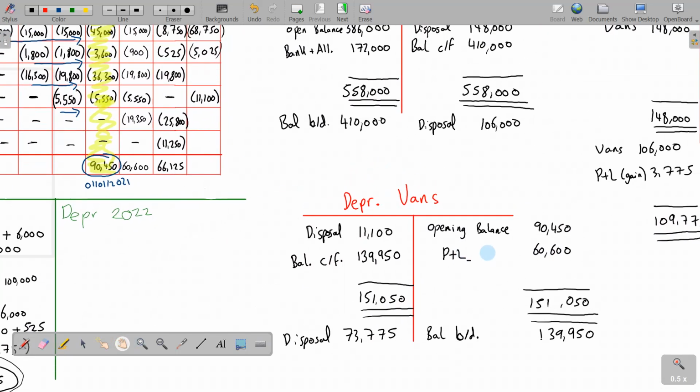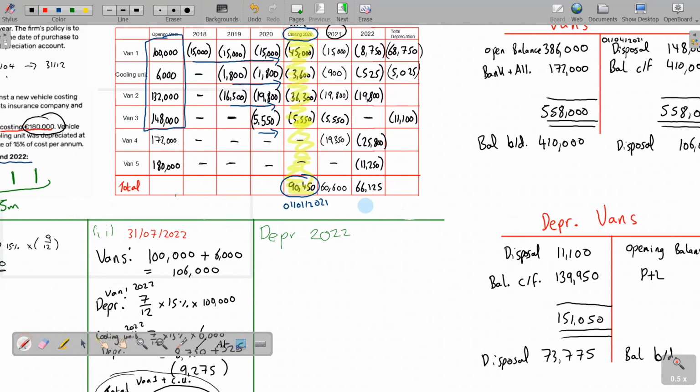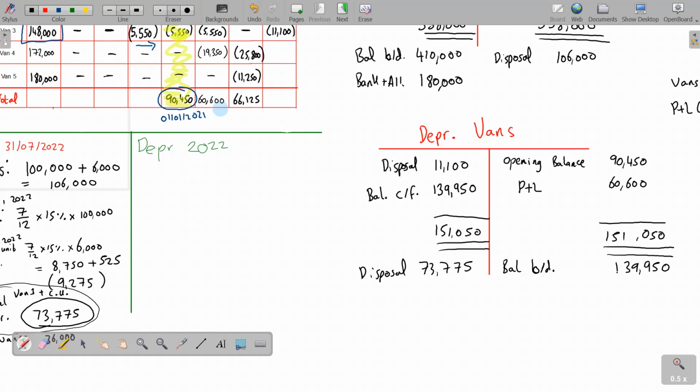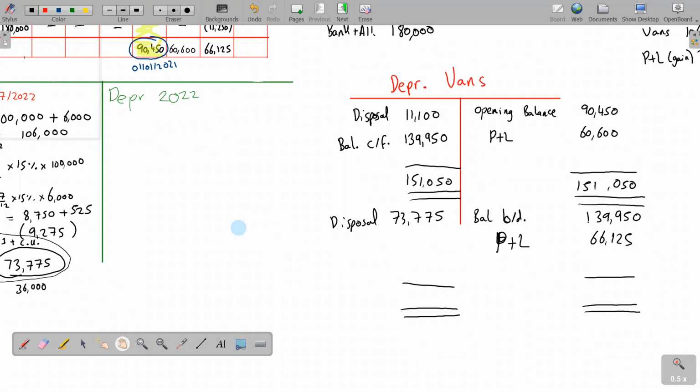Just need to finish off our depreciation and our vans account. So we had a new van bought through our bank and our allowance of 180,000. Our depreciation amount 66,150, or sorry, 125. Again, P&L, it's an expense. Which side is bigger? Well, you can see that the debit side will be bigger.